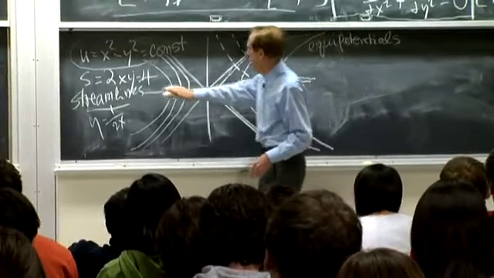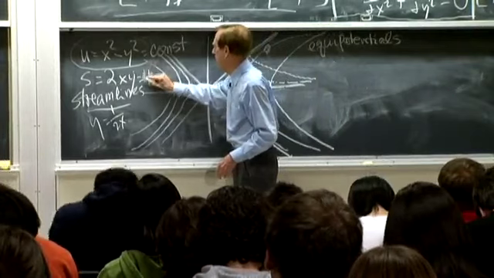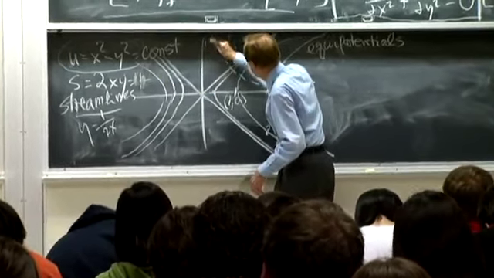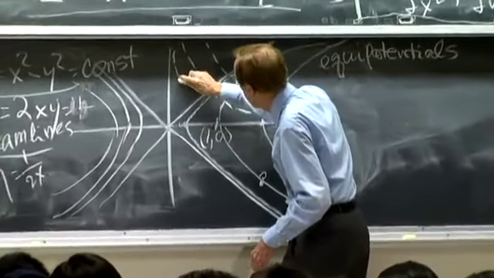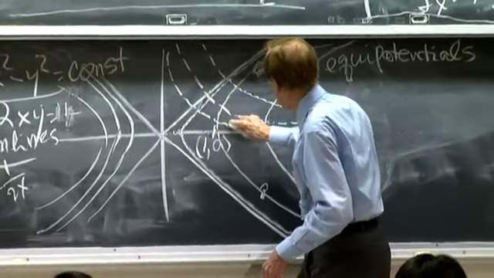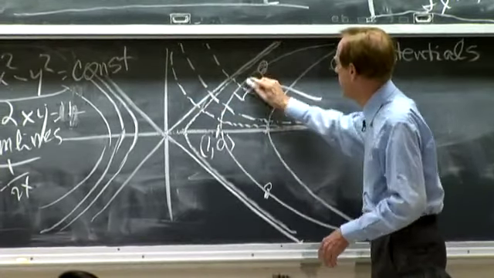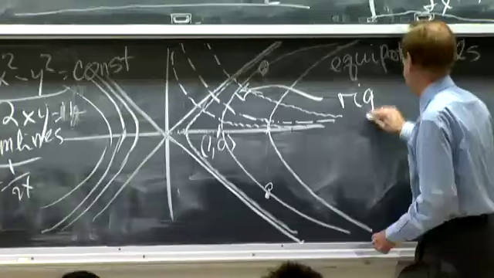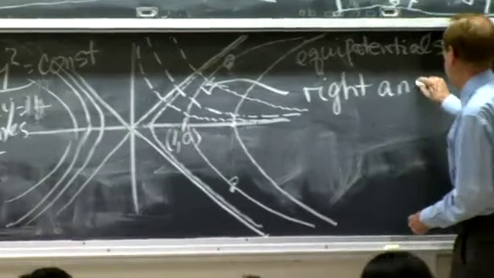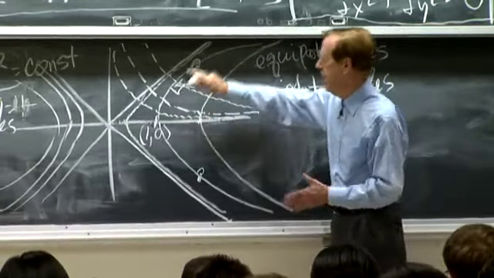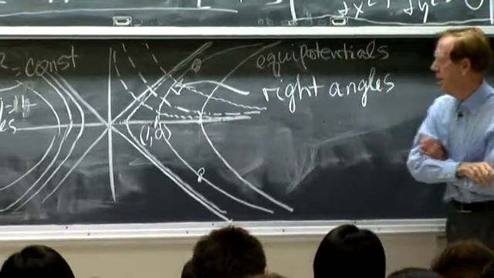If I change that to something very small, I'll get one that's closer in. Do you see how the picture works? These are all right angles. That's the great thing, right angles. 90-degree angles between the streamlines and the equipotentials.